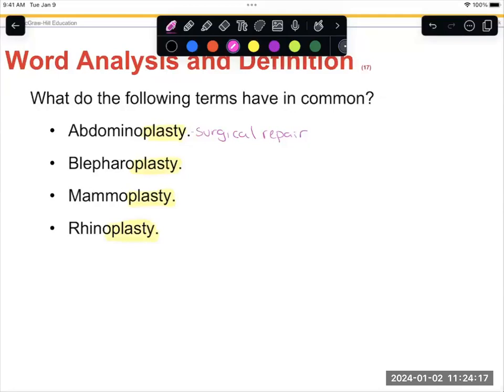Blepharoplasty has to do with defects in the eyelids. Mammoplasty is altering the size or shape of the breasts. Rhinoplasty is altering the size or the shape of the nose.